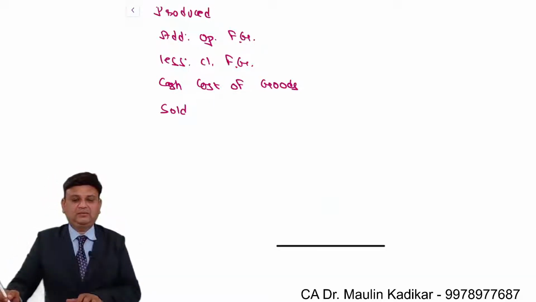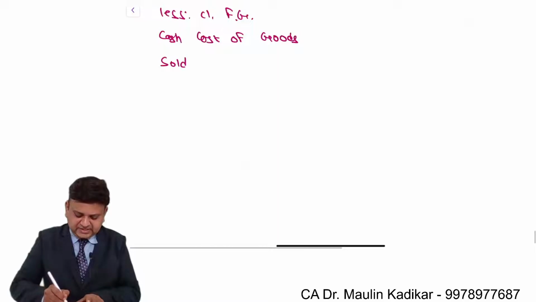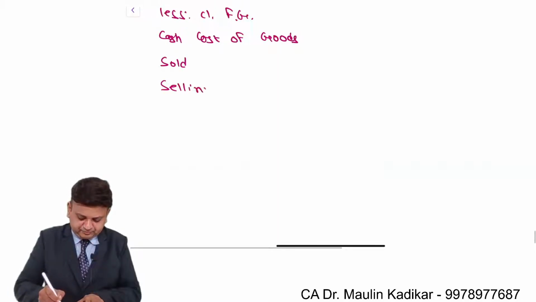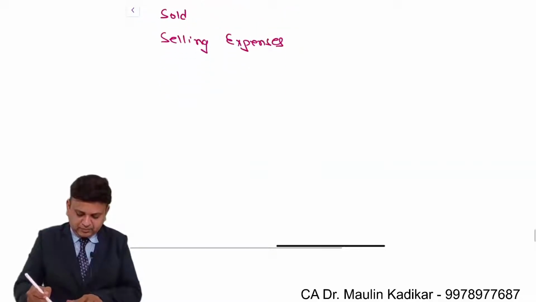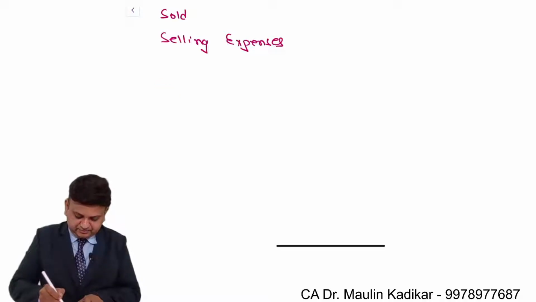Now simply, we will add selling expenses to compute the cash cost of sales.